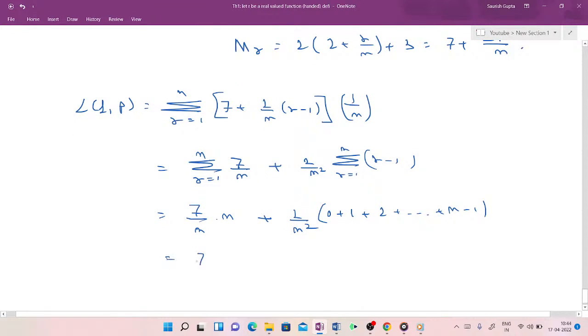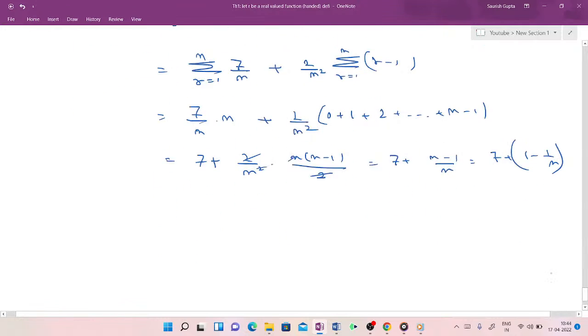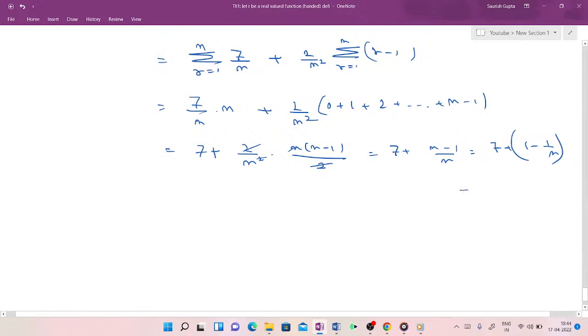So this is 7 plus 2 over n squared times n(n-1)/2. So the 2 cancels out, n cancels out, and you have 7 plus (n-1)/n, which you can write as 7 plus 1 minus 1/n, which equals 8 minus 1/n.